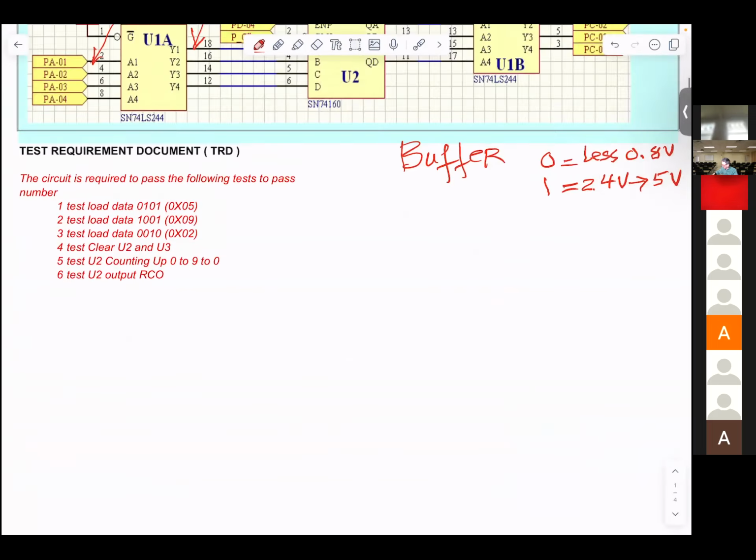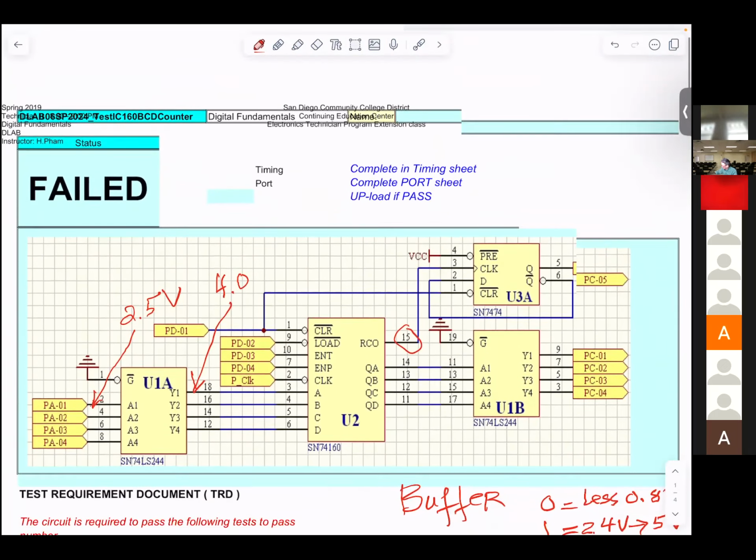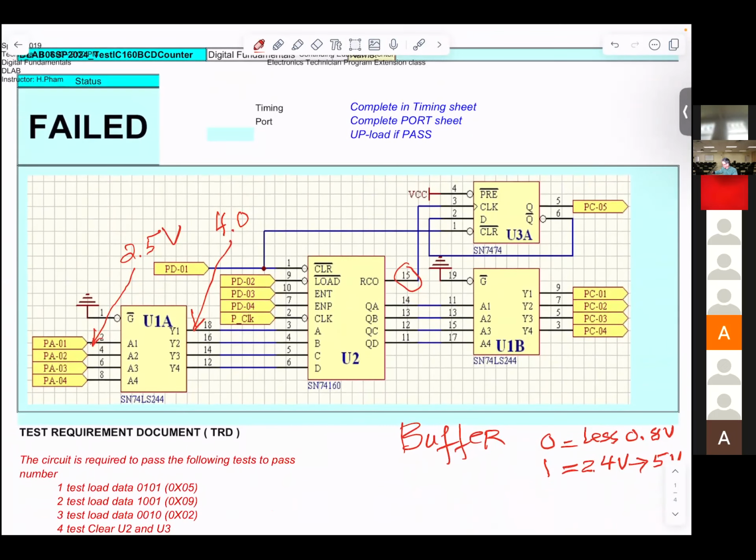Okay? So normally, if you want to test, then you have to connect the oscilloscope to pin 15, so you can see when they go high.